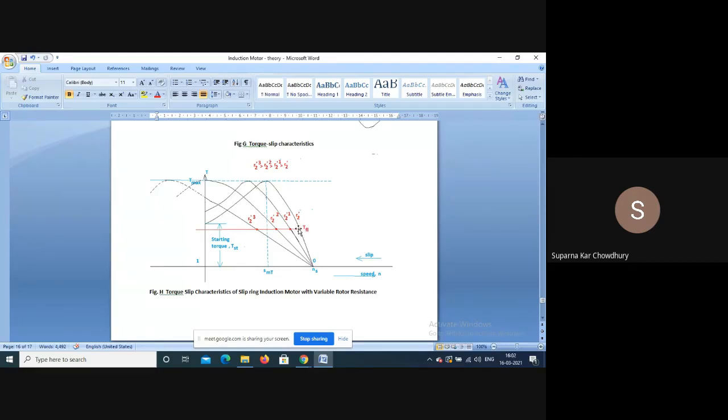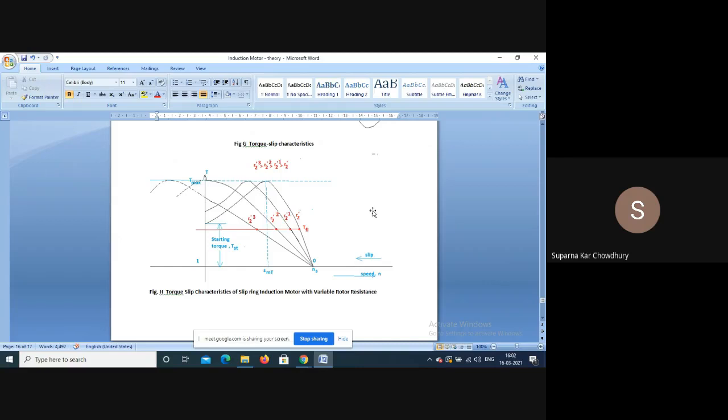Now if we insert rotor resistance for the same load, the motor will run at lower speed, that is, with higher slip. So by inserting resistance, we can have some speed control for a slip ring motor. Also, we can have a high value of starting torque for a slip ring motor. These are the advantages of the slip ring motor.